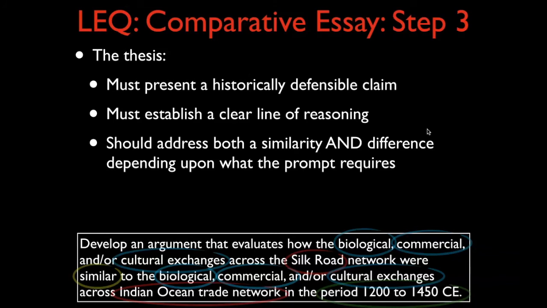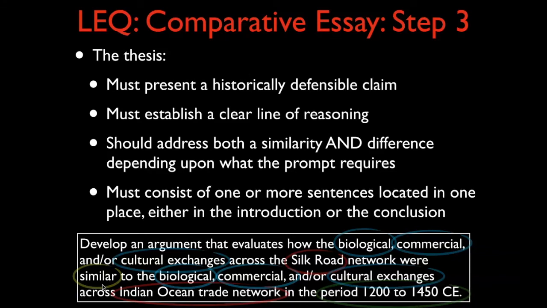It should address, ideally, both a similarity and a difference, depending upon what the prompt requires. So notice in this case, they ask you to develop an argument about similarities. However, you're not limited to just talking about things that are similar. And in fact, if you want to try and score some of those more complex historical analysis points, you should try and structure your essay both around similarities and differences.